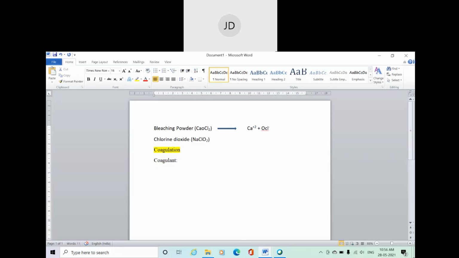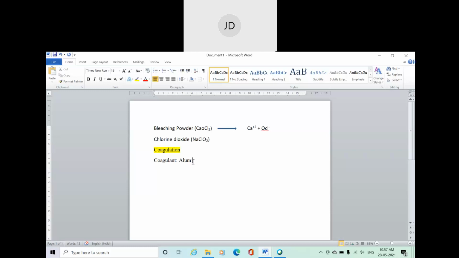So an example of a coagulant is alum. You can also find out the chemical composition of alum. It's a little bit lengthy, like Al2(SO4)3.18H2O. You just find out by searching in Google. So I'm telling you the chemical composition of alum is Al2(SO4)3.18H2O.